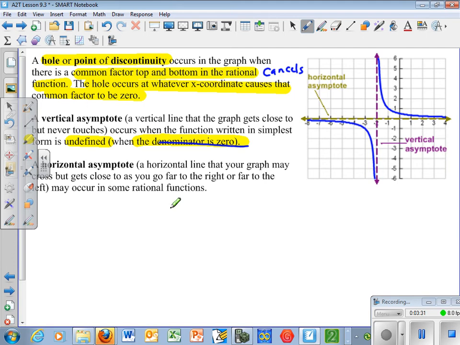A horizontal one is a line that your graph may cross but gets close to as far as you go to the right or as far to the left. So you're going basically to negative infinity with the x's to the left, or to positive infinity. It gets close to but never crosses. A horizontal asymptote can occur in some rational functions, and we'll look at how to find that as we get into the specific examples here.